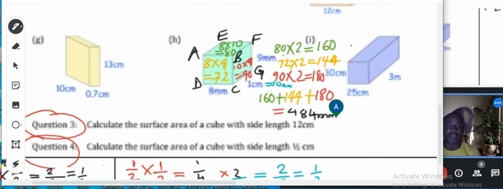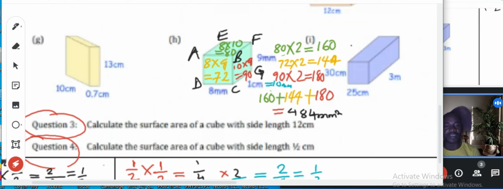All right, that's correct. 484 millimeters squared. Good. I hope you can write properly with your pen tablet. So 484 millimeters squared because we've changed all of them to millimeter.